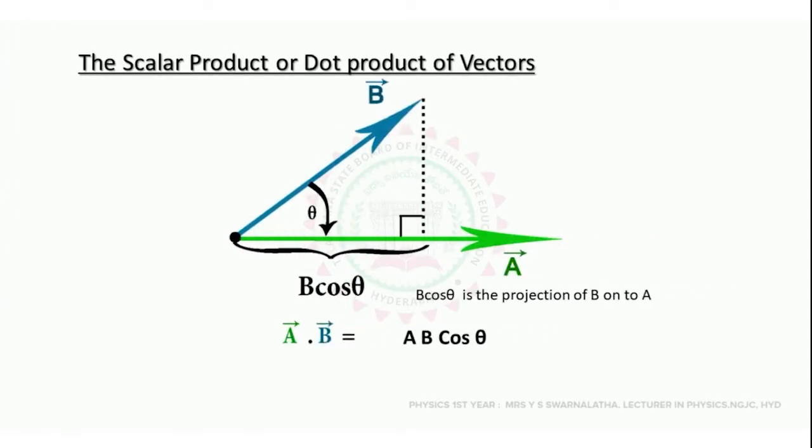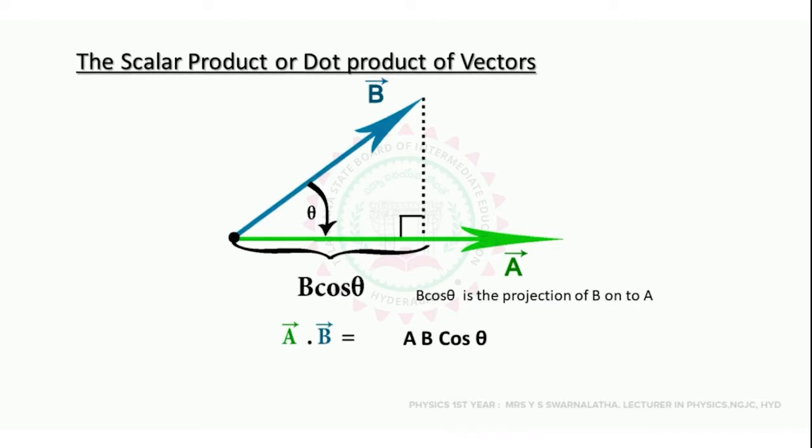Geometrically, the dot product, that means the expression AB cos theta, is the product of the component of vector B in the direction of A and the magnitude of A. Let's take two vectors A bar and B bar. We take the projection of one vector in the direction of the other.